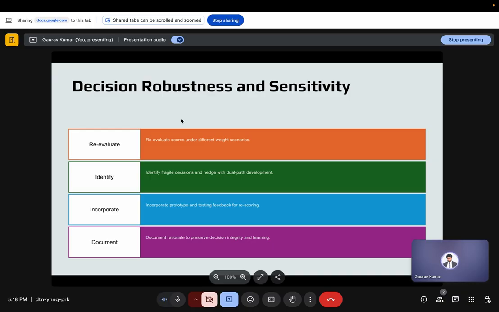Decision robustness is a critical aspect of concept evaluation. Even a well-scored concept may underperform if its ranking is highly sensitive to minor variations in weights or assumptions.